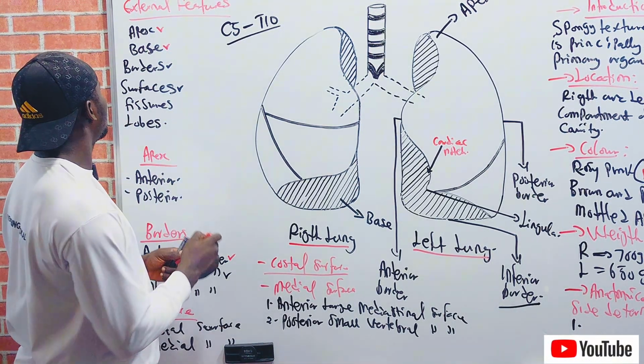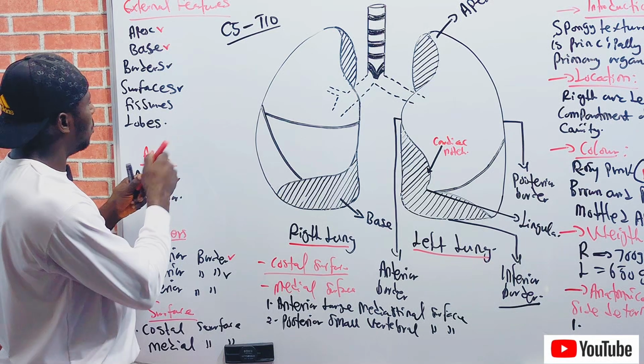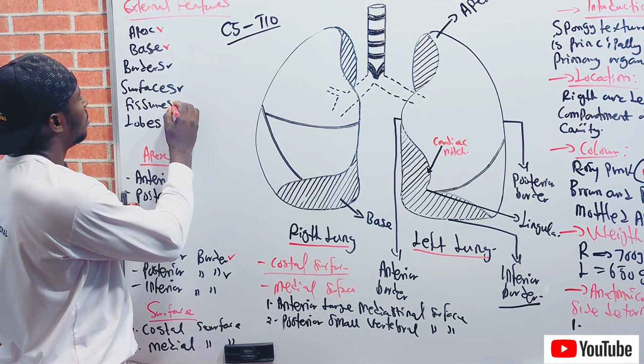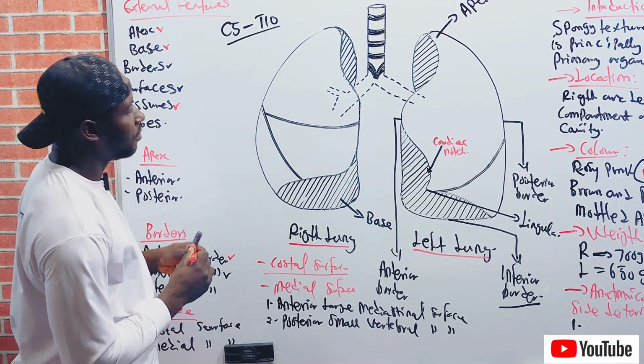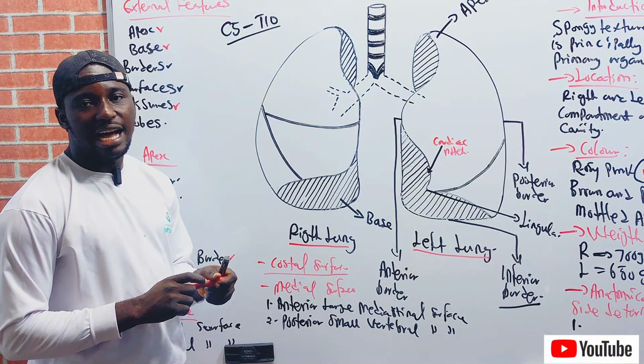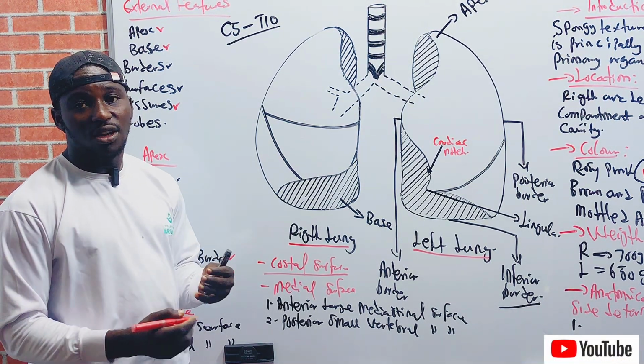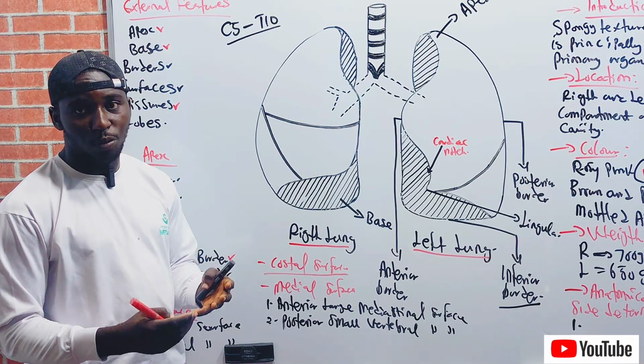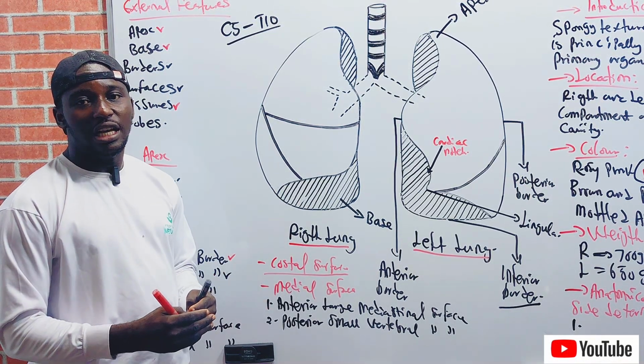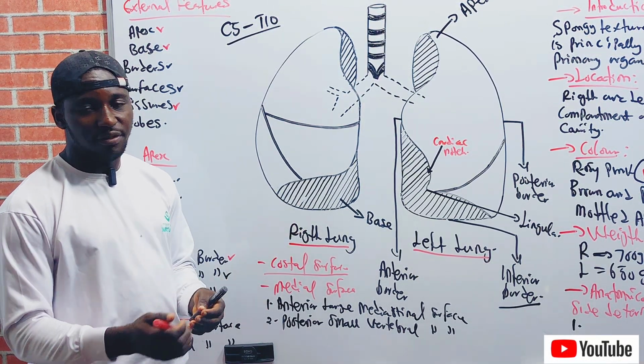The next we shall be discussing is the fissure. The lungs have two fissures, which divide the lungs into lobes, depending on either the right lung or the left lung.